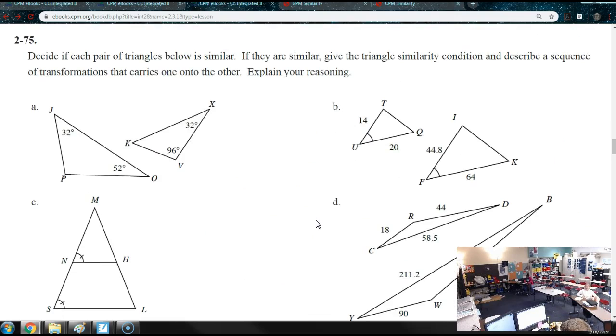So, real quick, let's check these. We have a 32, a 52. We got to do some math real quick. What's 32 plus 52? So then the complement, 96, right? So in A, are we similar? Yeah. Now we got to do some math here.